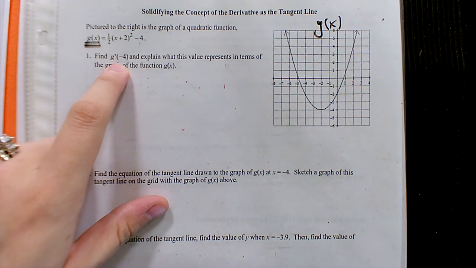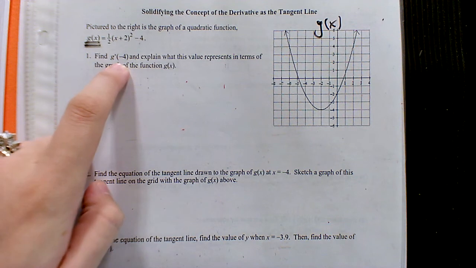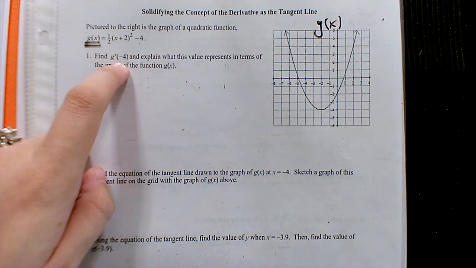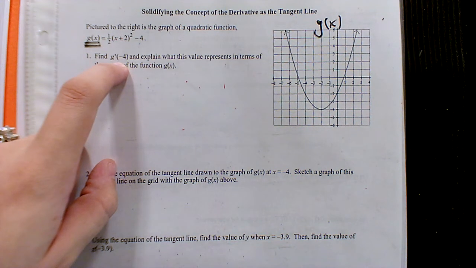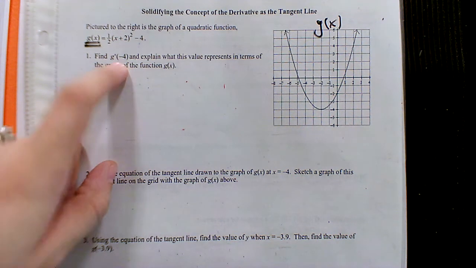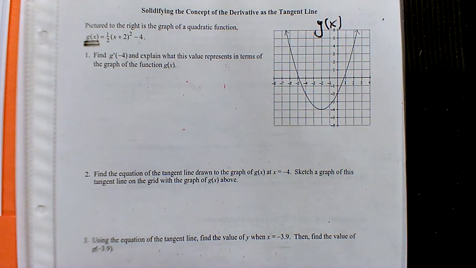So, what does g prime of negative 4 mean? What does that notation represent? What on earth are we trying to find? Can you decipher or interpret the problem, the wording?